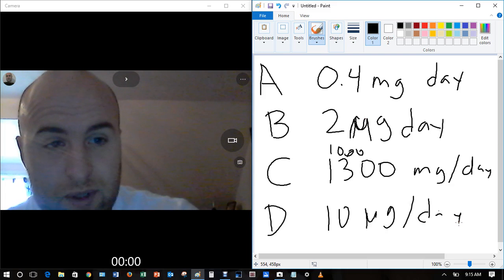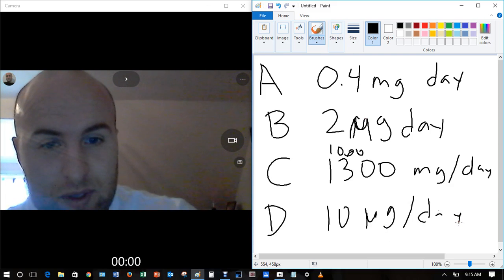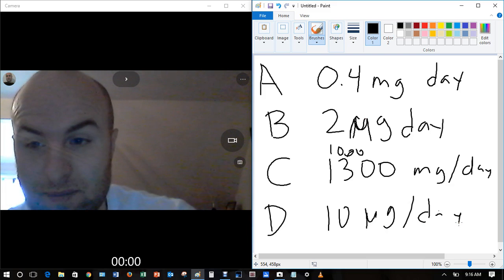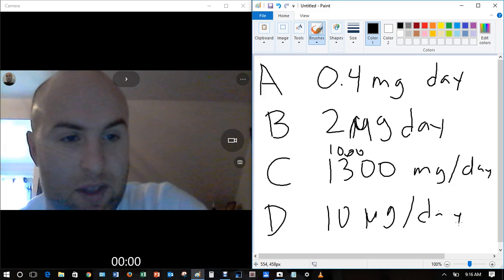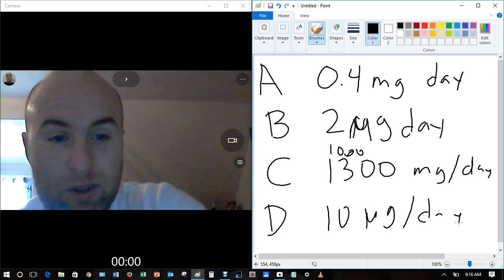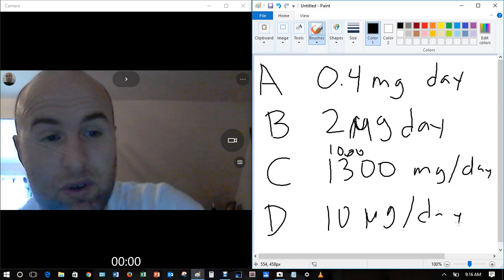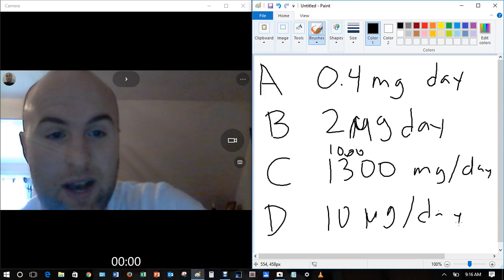So 0.4 milligrams, 2 micrograms, 1,300 milligrams, and 10 micrograms. Good luck remembering all that. I guess you can think of some way. The calcium is the highest, which makes sense because the baby's got a lot of bones to grow. So lots and lots of calcium. So remember the big number was the thousands.